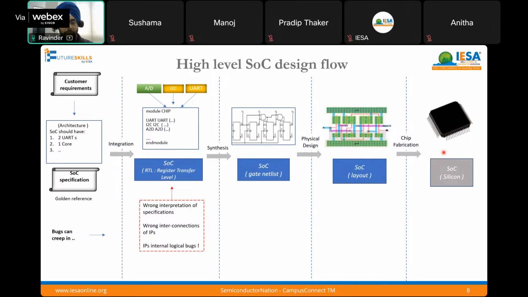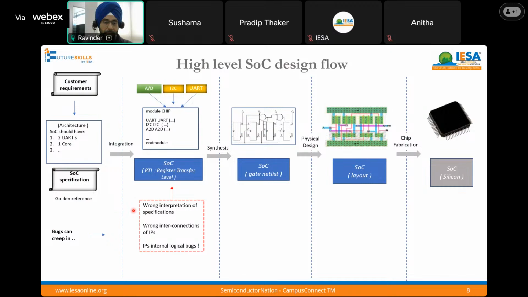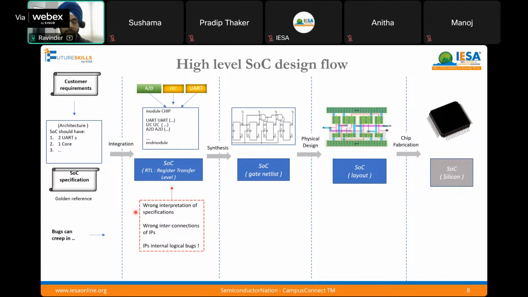At the first stage, the integration stage, the person or the team integrating the SoC based upon the specification could have a wrong interpretation of the specifications and implement it in an unintended way. That would be a bug. Then there are wrong interconnections of IPs.